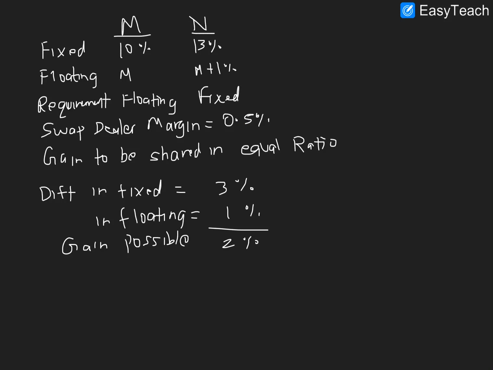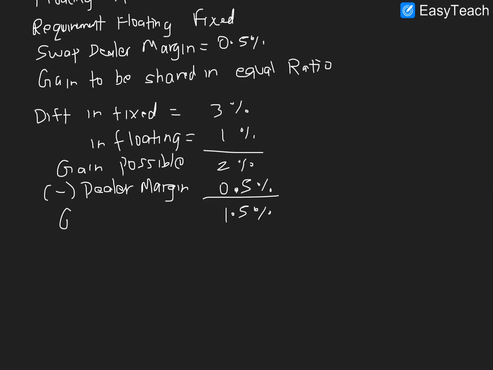So we reduce this by the dealer margin. The dealer margin is 0.5%. So essentially that is just 1.5% gain by parties. Now as you have seen, they are to be shared in an equal ratio. So this is going to be shared between M and N in equal ratio. You will say 0.75% and 0.75%.